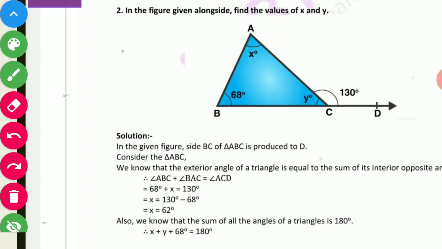This is the second way which I am going to tell you. Interior angle plus exterior angle is equal to 180 degrees. They form a linear pair.